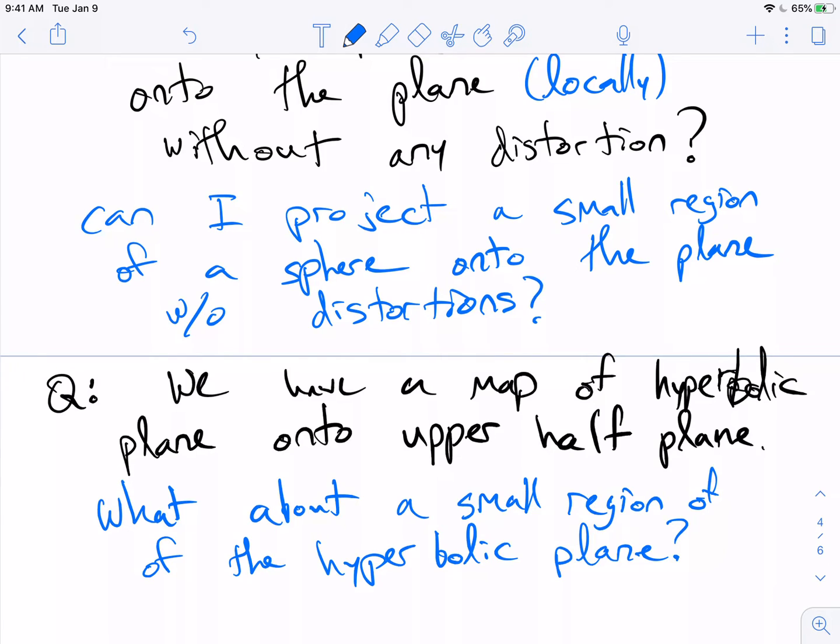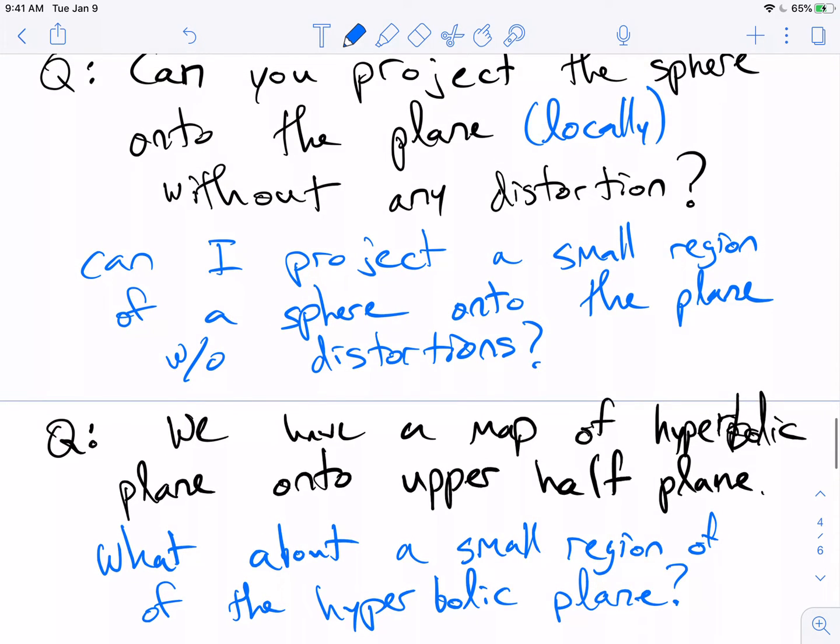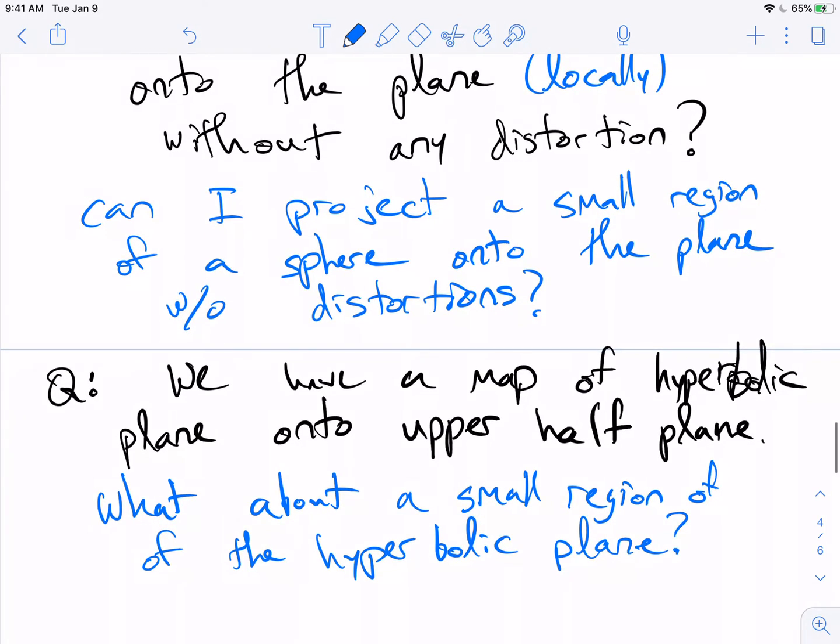Okay. So pause the video for a second and see if you can convince yourself that either A, this should be possible for some of these spaces, or B, it's never possible.